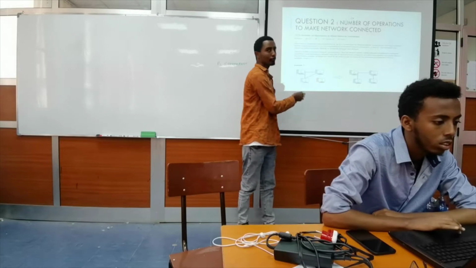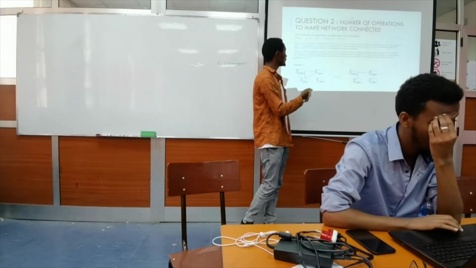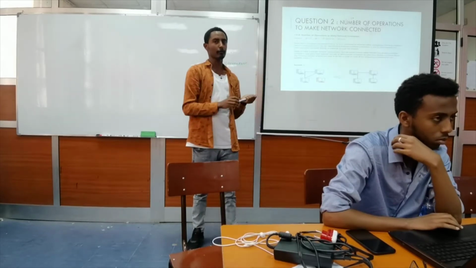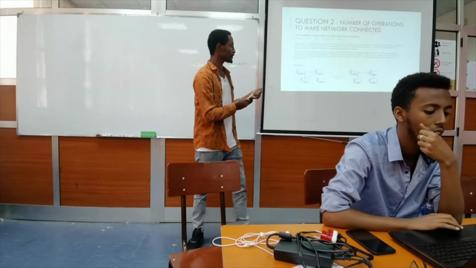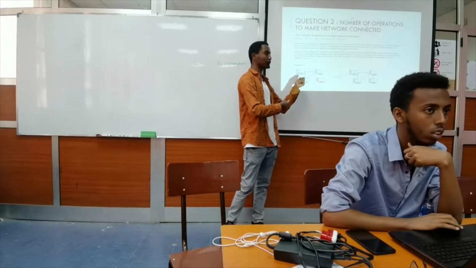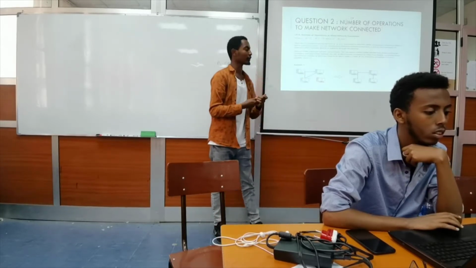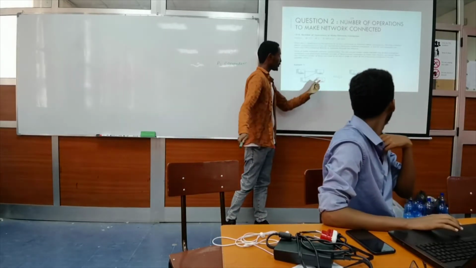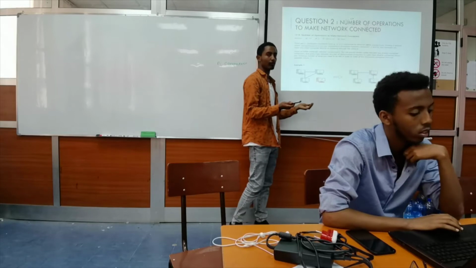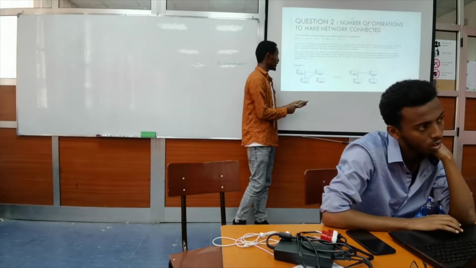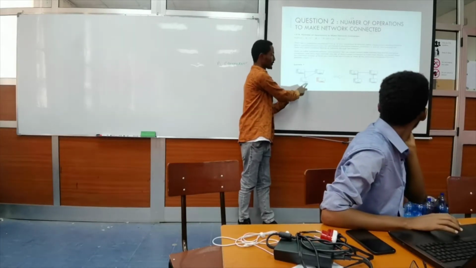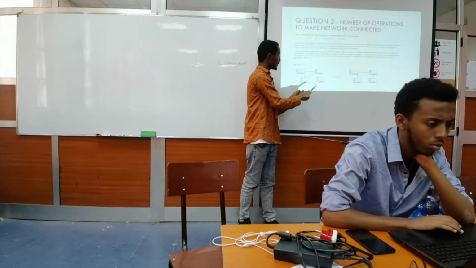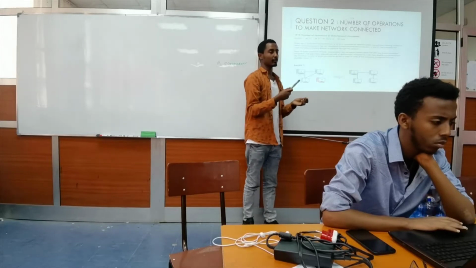And you find the number of operations you need to perform. That is the number of connections you have to remove from the duplicates. For example, in this example, the computer with this number is not connected with other computers, and these computers are connected with each other, and this connection is additional.